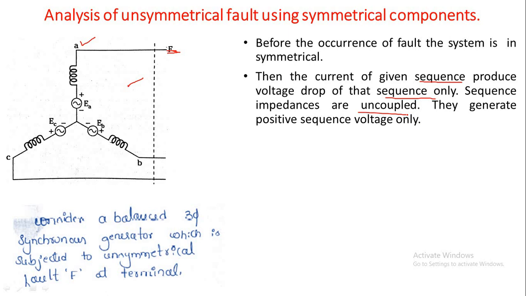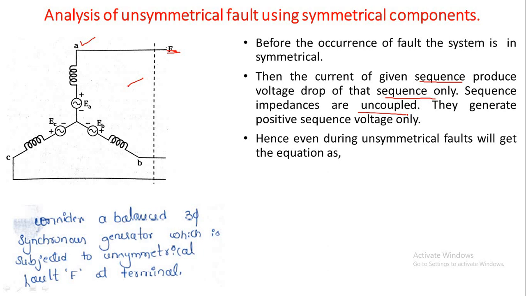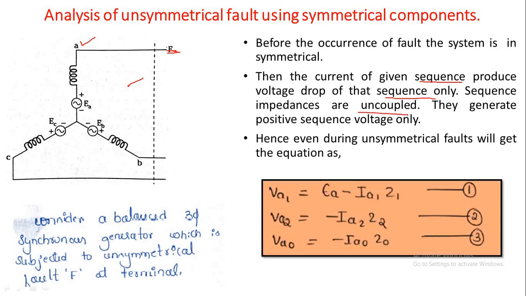Even during unsymmetrical fault we get the following equations for the positive, negative and zero sequence voltages. VA1 is given by EA minus IA1 into Z1, since the generator generates balanced, positive sequence voltage only. We consider only one phase.